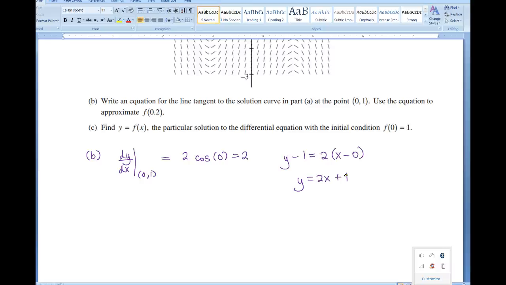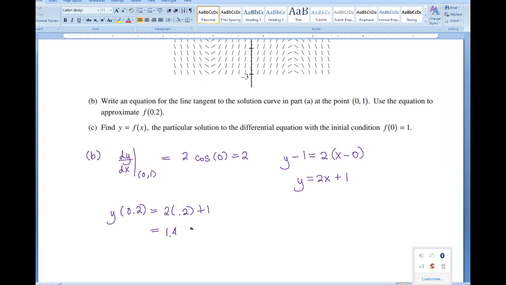Now, how do I approximate f of 0.2? Just plug it in, right? So 0.4 plus 1 is 1.4. Make sense? So you're just plugging in 0.2 for x to find out the y.